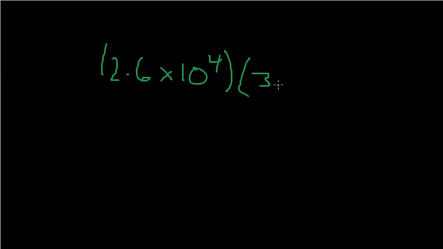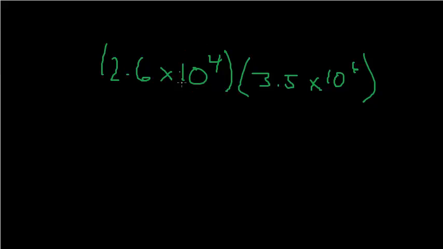Let's then do some operations with scientific notation. Let's take 2.6 times 10 to the 4th power, and we're going to multiply that by 3.5 times 10 to the 6th power. I just have 4 pieces here being multiplied.